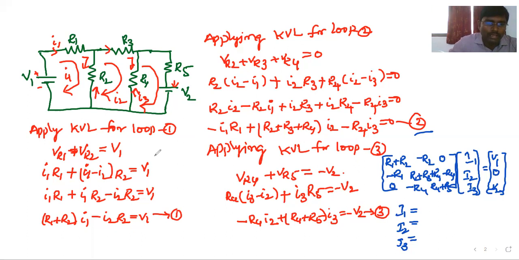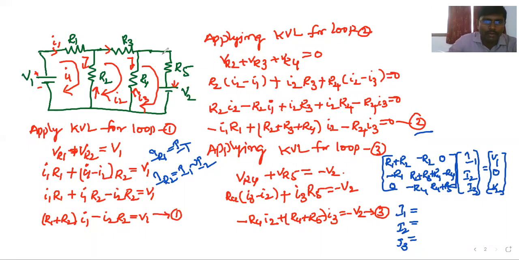So here IR1 is equal to I1. If you want to calculate the current flowing through R2, IR2 is equal to the difference between I1 and I2, either I1 minus I2 or I2 minus I1, which decides the direction. In that way, we can find the current flowing through any resistance.